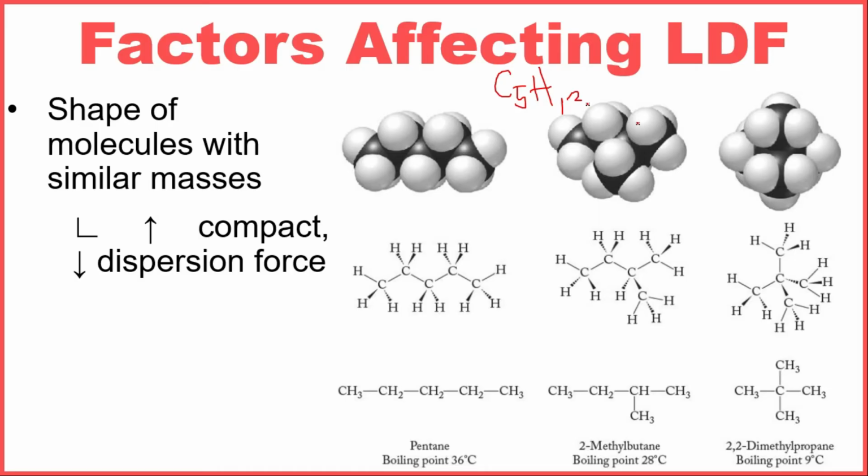Okay, so if you're going to look at 2,2-dimethyl propane, this one is more compact because it's almost circular. So it has a lower boiling point because it has lower dispersion force.